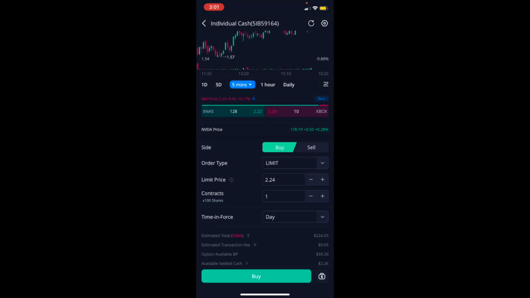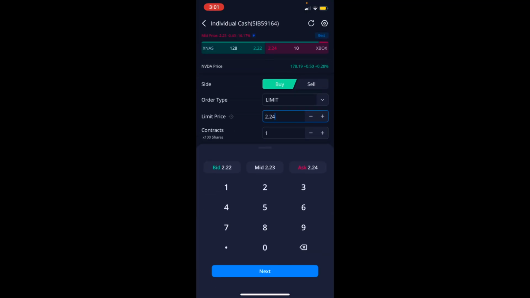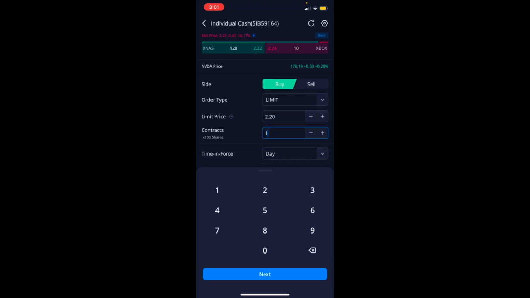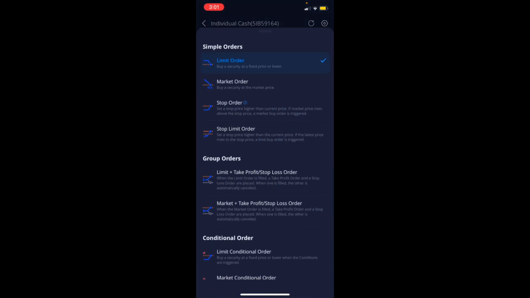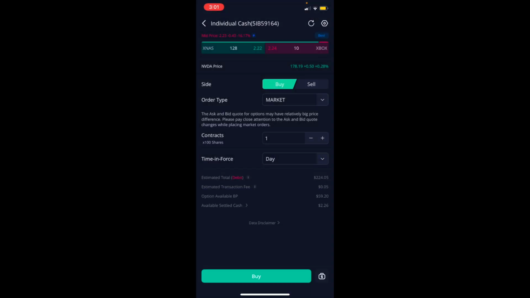Let's say you wanted to pay 220 for it, which will give you a better entry. You could tap the plus or minus, or you could tap over near the limit price, and you could put 220 there and click next. Okay, or you could also change it to a market order, which means you'll buy it wherever it's at, however much it costs, and you'll instantly be in the play.